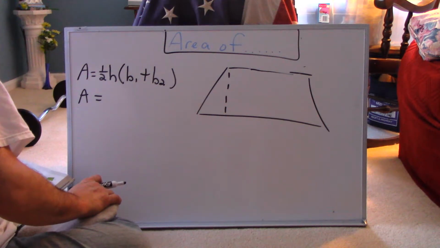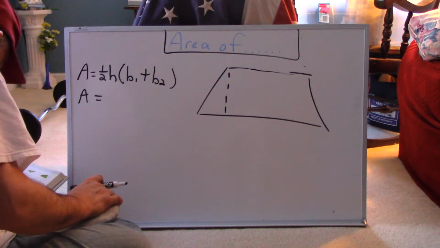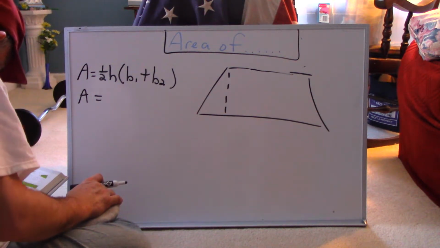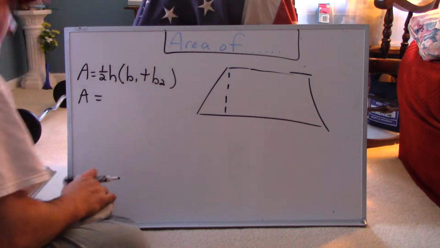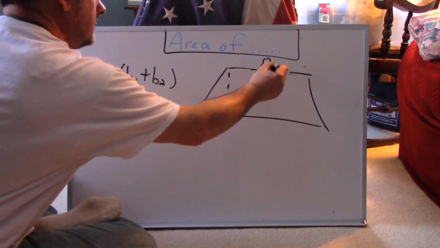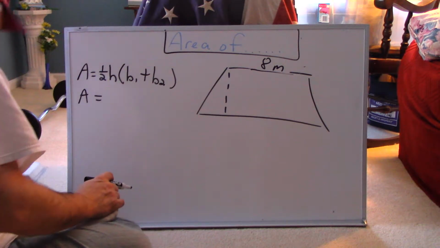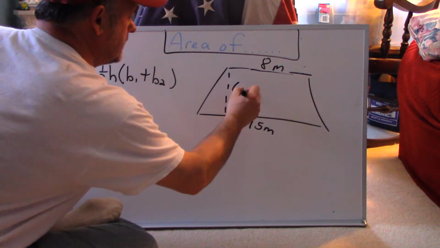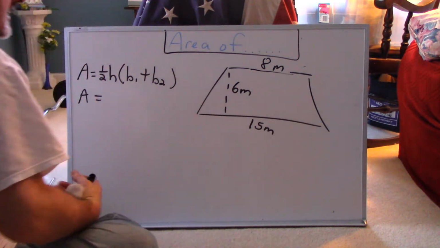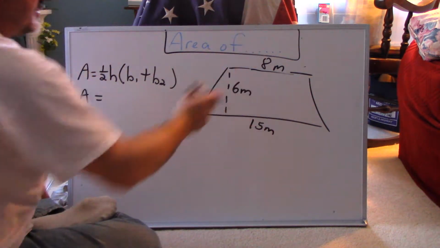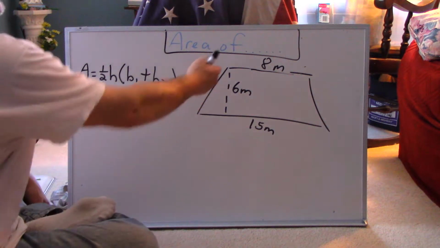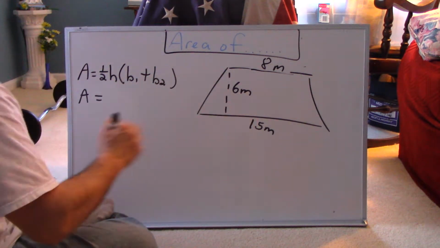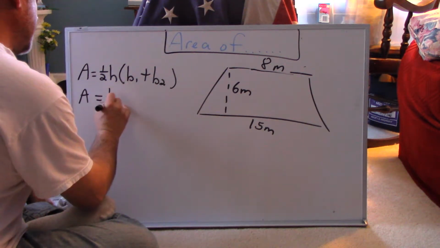Let's pick one right out of the book. 8 meters, 15 meters, and 6 meters. Okay. So base 1, base 2, height. The height again is not the slanted part, so don't confuse that. So let's do it. I'll just fill it in, all right?